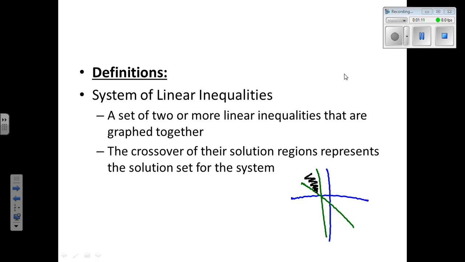The blue mark represents my graph in 4 quadrants, and then my green lines are my two linear equations. And then the black is the shaded solution area where the two lines meet.